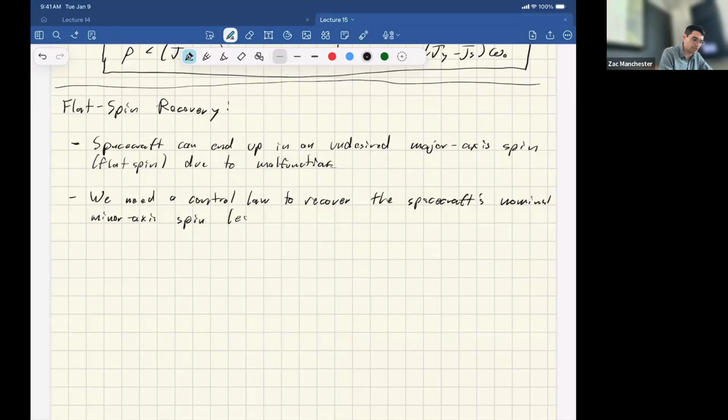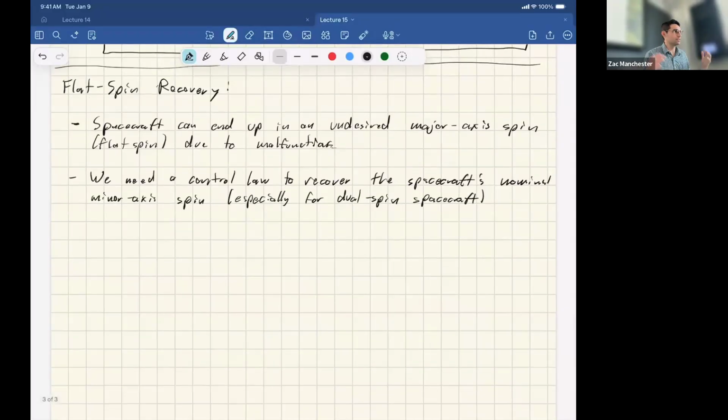It's a general thing, but especially a classic for the dual spin case, because in that case it is a minor axis spinner if you lose the actuator, and there's internal damping, so it will go into a flat spin if something goes wrong.